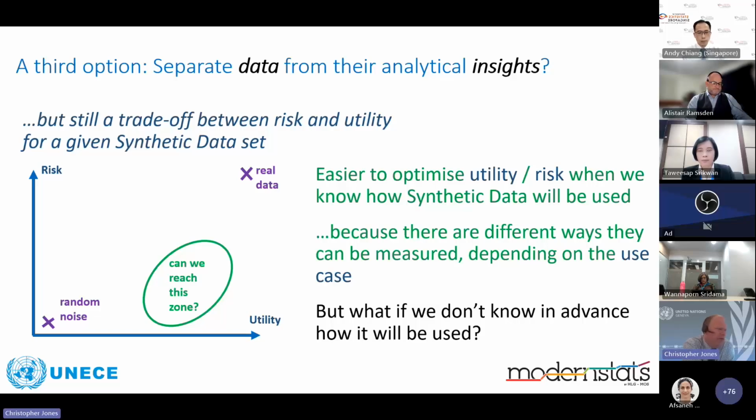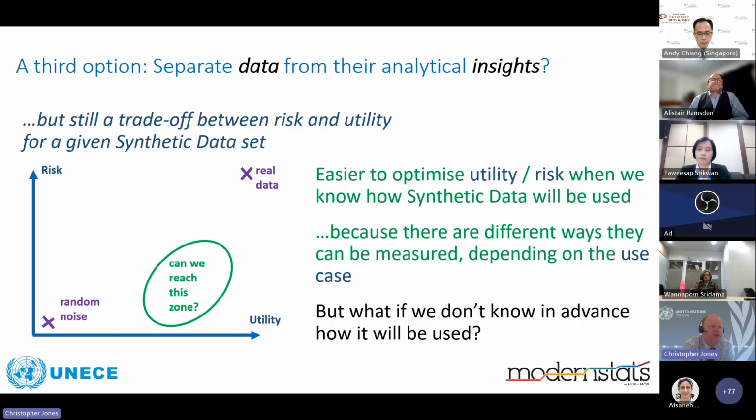For example, if you know how someone's going to use the data, it's easier to produce synthetic data in a way that will optimize the risk and utility trade-off. So, for example, if you wanted to produce a data set that preserved the average for a particular variable in the synthetic data, that's possible.